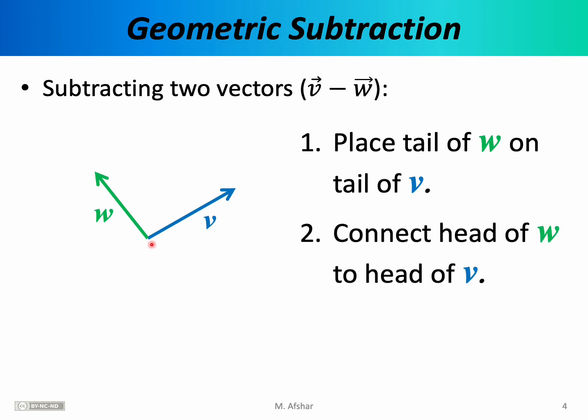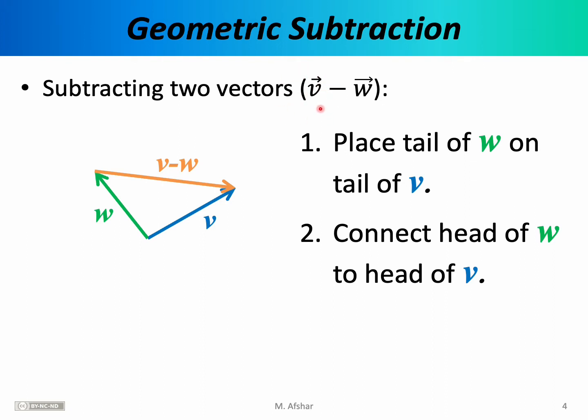And then we connect the remaining two open ends. Specifically, we connect the head of w to the head of v, and the orange vector that we get represents the difference of v and w. Here you have to be a little bit careful about which way the vector points. The orientation of the vector is determined by the first vector in the difference.